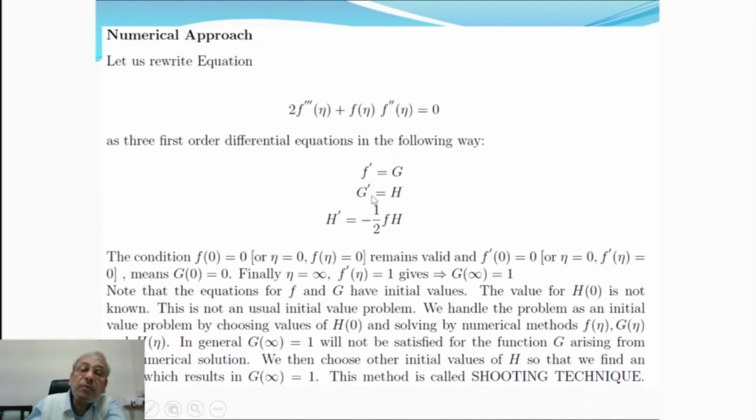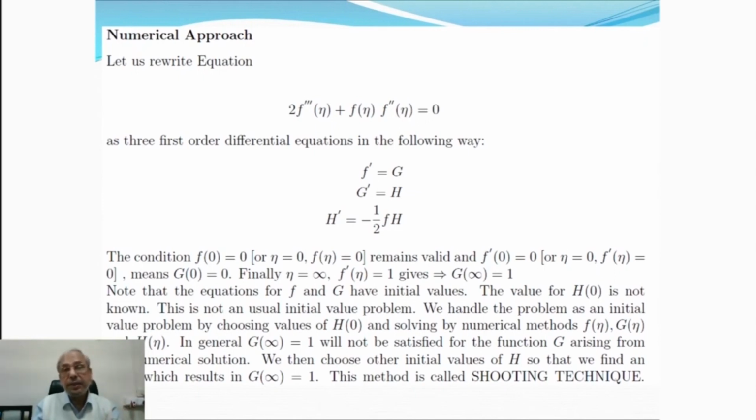If we know g naught, we can find out g as a function of eta, that means f prime as a function of eta. So we can find out f, g, h, all three quantities, and finally we have to check whether g infinity equal to 1.